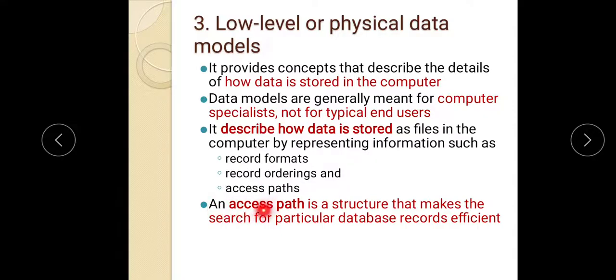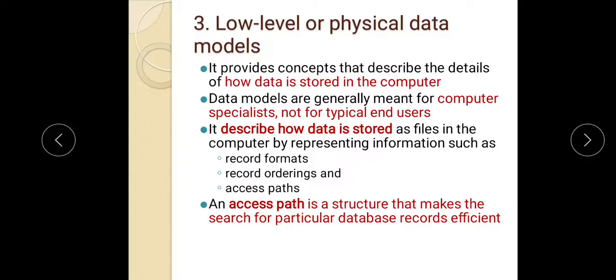An access path is a structure that makes the search for a particular database record efficient. If we know the access path, we can easily get the location of that particular data and search for it in the database in an efficient manner. That is called the access path.